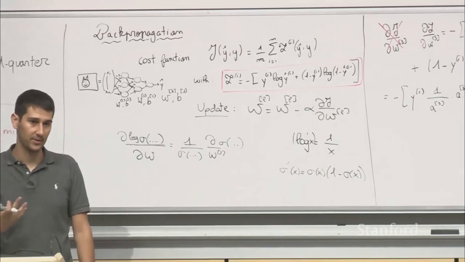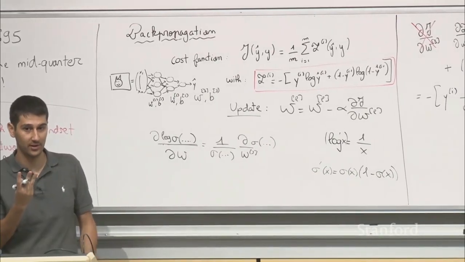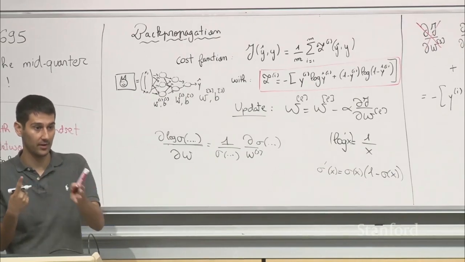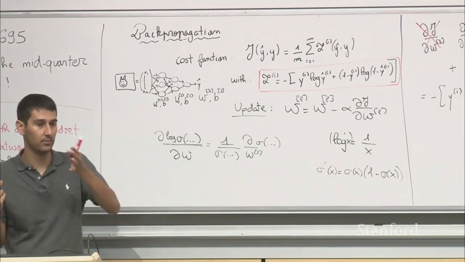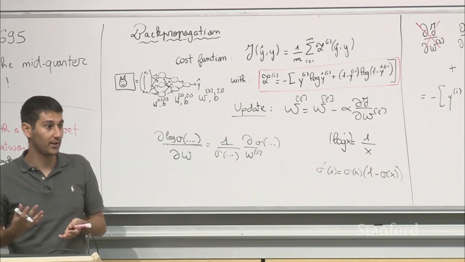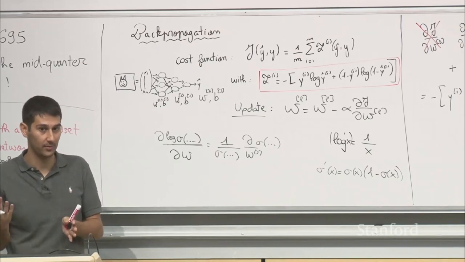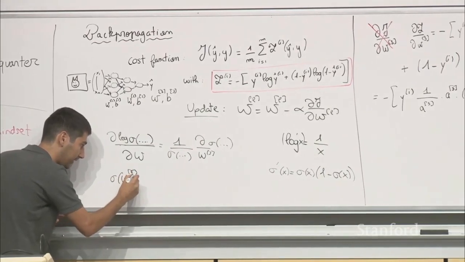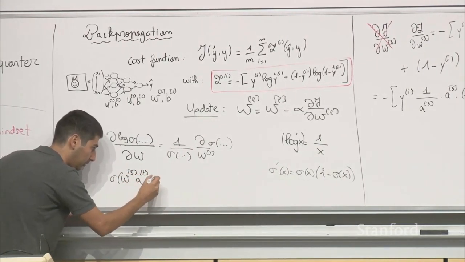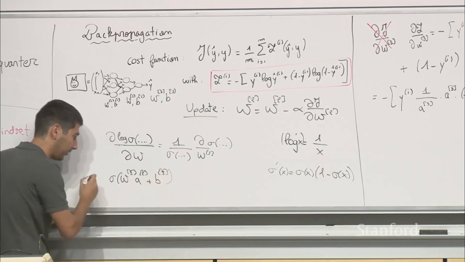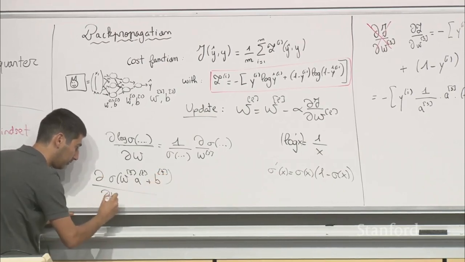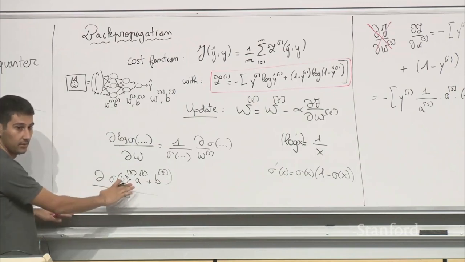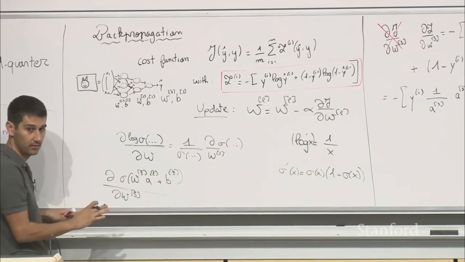There is still one step because there is a composition of three functions here. There's a logarithm, there's a sigmoid, and there's also a linear function, Wx plus b, or WA2 plus b. So I also need to take the derivative of the linear part with respect to W3, because if I want to take the derivative of sigmoid of W3 A2 plus b3 with respect to W3, I need to go inside and take the derivative of what's inside.